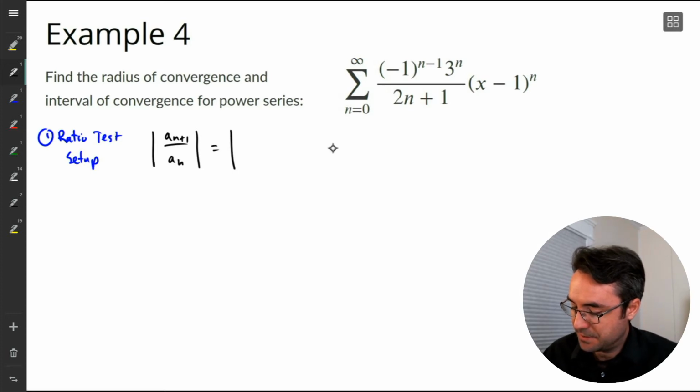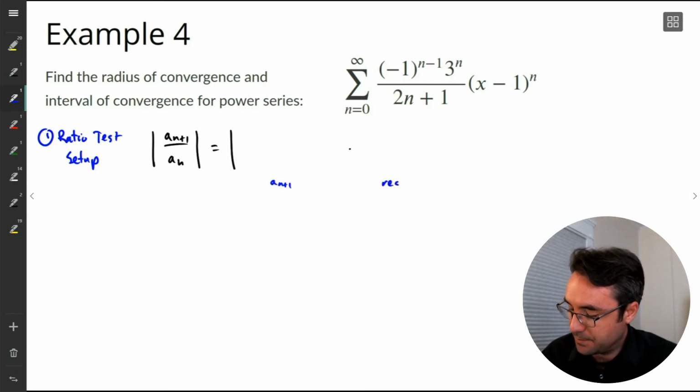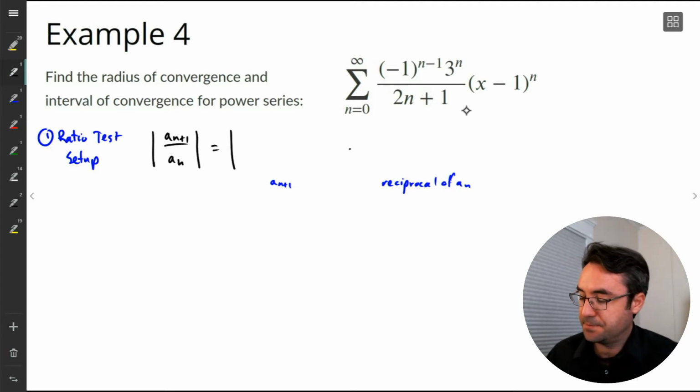So we're going to do a sub n plus 1 first, and then we'll do the reciprocal of a sub n over here. Let's write that one out first.